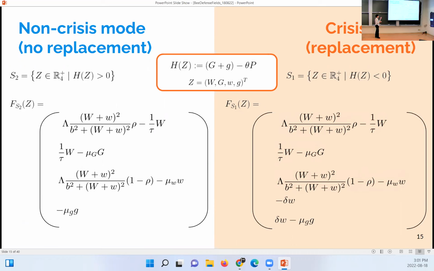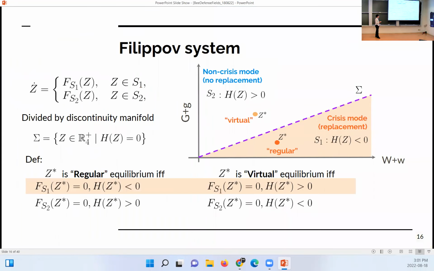So we'll have the function that determines which vector field is governing the system, which is whether the fraction of guards is high enough. And on one side, you will have no replacement, and on the other side, you will have replacement. And this is a Filippov system, a very simple case of it.